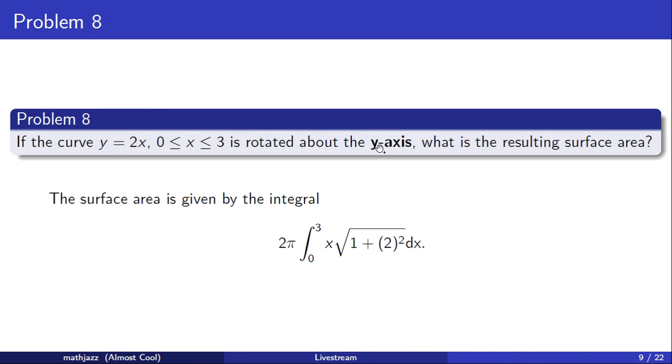To rotate around the x-axis, it's the same idea. We need rotation around the x-axis, so our radius is going to be the height of the function rather than the x-coordinate. So we're going to have 2 pi times the integral of f of x times the square root of 1 plus the square of the derivative of f as our surface area integral.